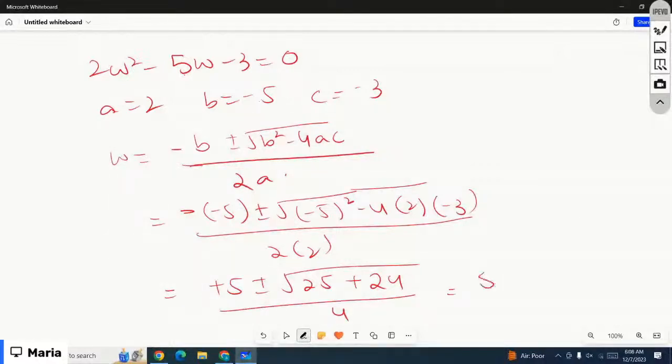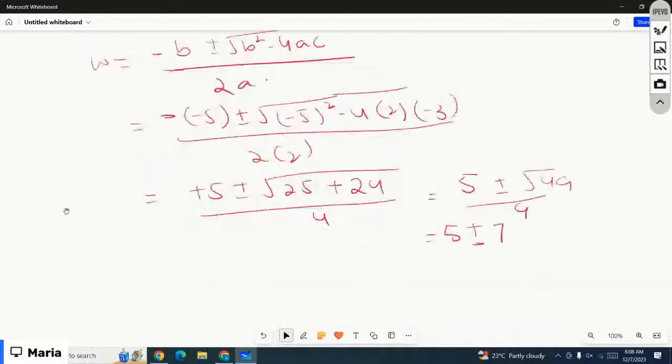And you have 5 plus or minus the square root of 24 plus 25, which is 49, divided by 4. Evaluate the square root of 49. That would be 5 plus or minus 7 divided by 4.